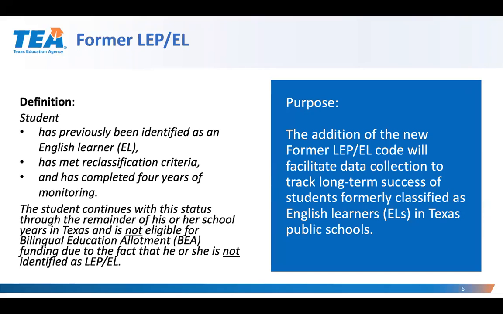But keep in mind, these students are not English learners. As they met reclassification and went through their years of monitoring, they are no longer English learners, which means, again, they are not eligible for BEA funding.